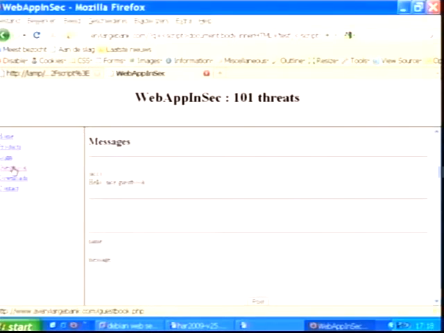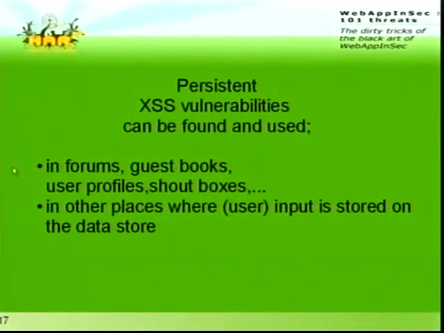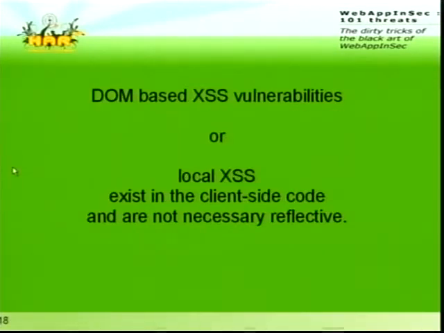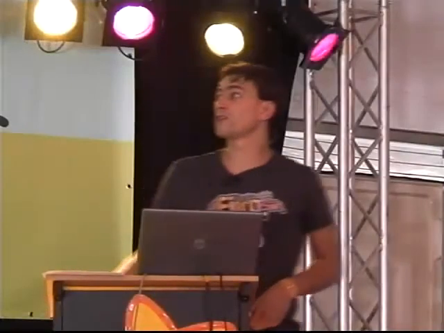And yeah, this all looks very harmless for now, but there can really be dangerous payloads for cross-site scripting. There's also a more rare variant. It's a DOM-based cross-site scripting vulnerability that only exists in the client-side code and is not necessarily reflective.